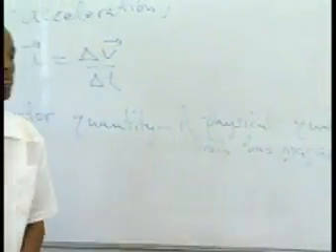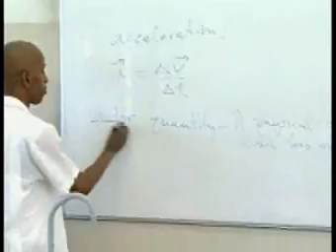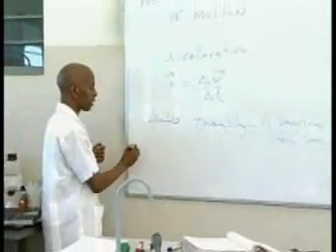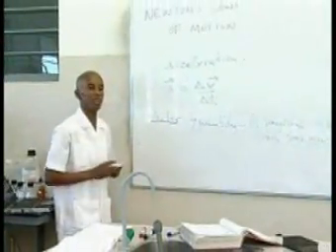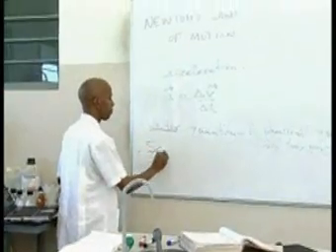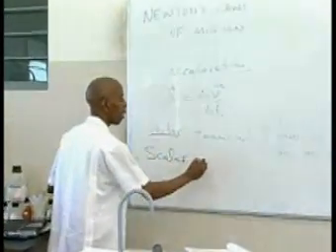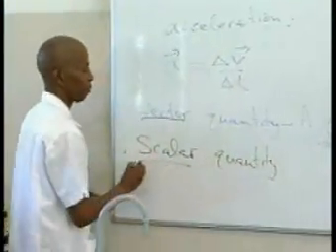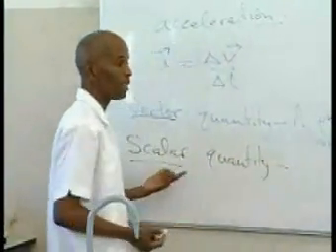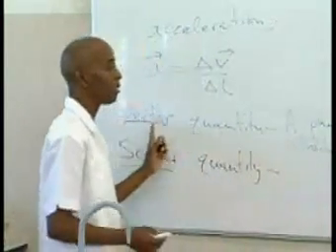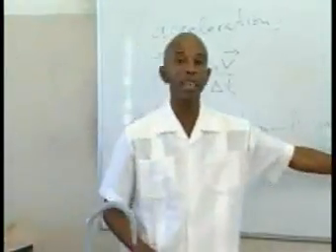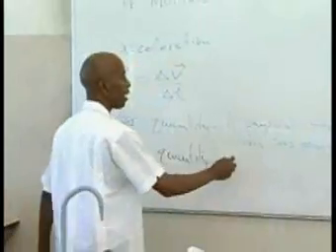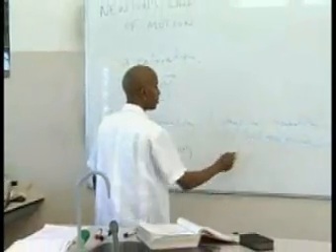There is another quantity which is different from a vector, which we also are interested in, which is known as a scalar quantity. A scalar quantity, unlike a vector which has both a magnitude and direction, only has a magnitude.